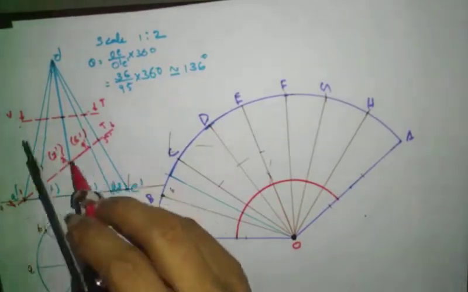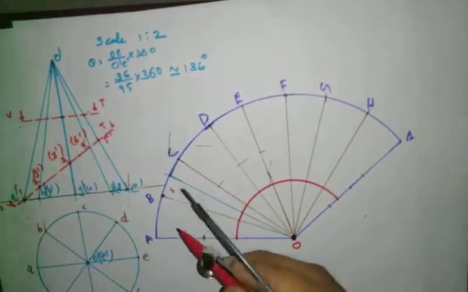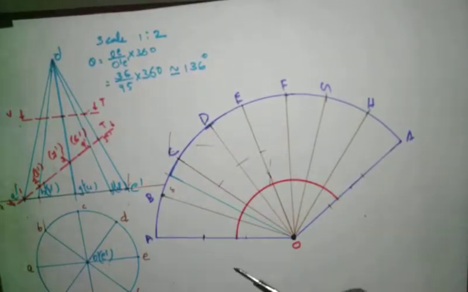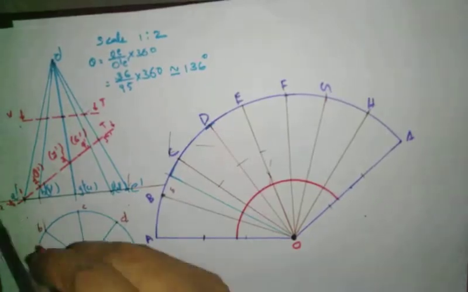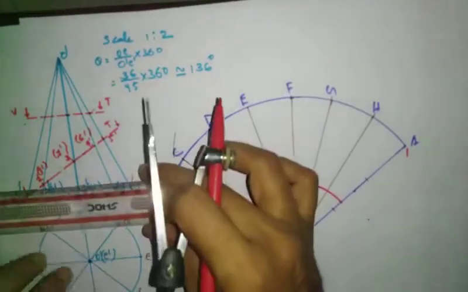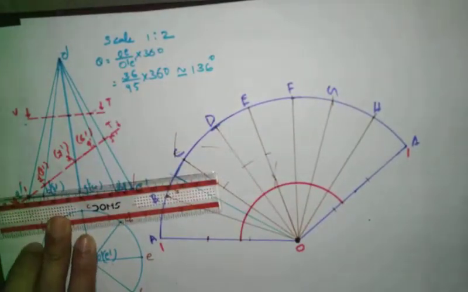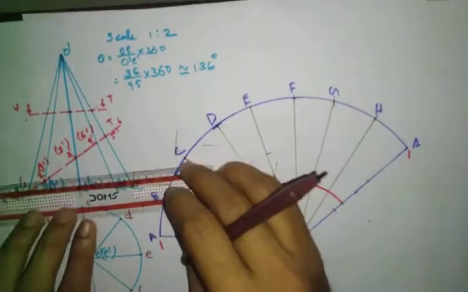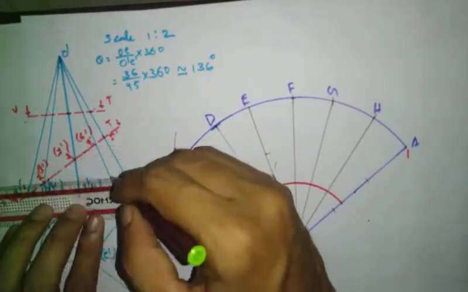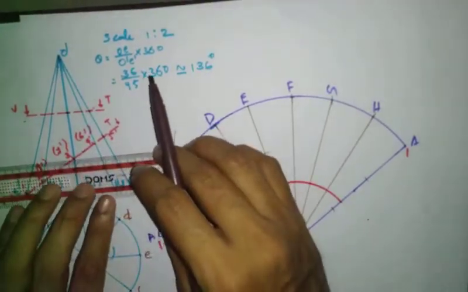Now we have to mark this inclined section plane in the development. That we will do. You know, point 1 is here. Other points we have to transfer to the end generators.